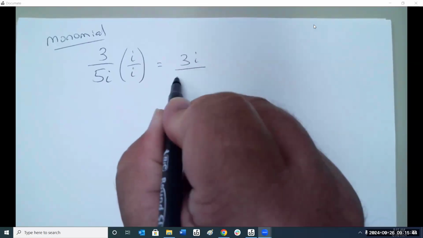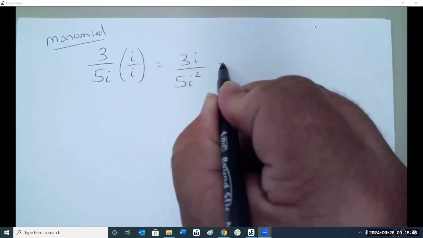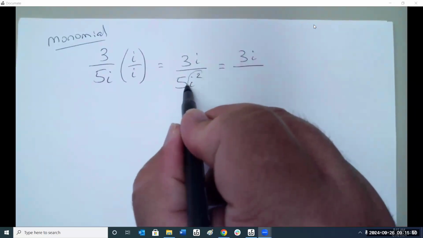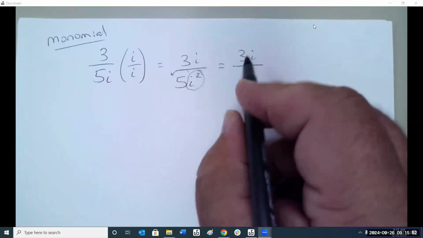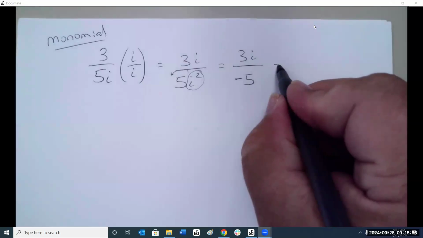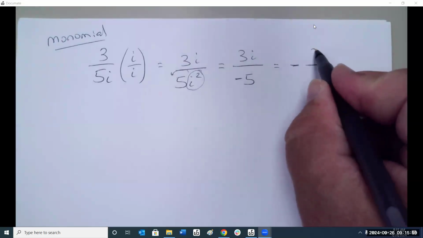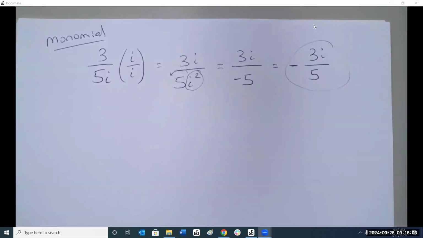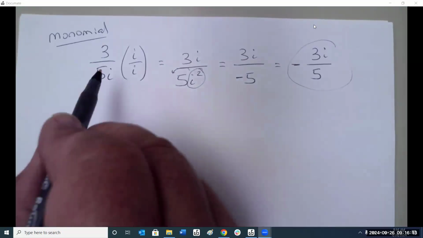It'll become 3i over 5i squared. Remember, the i squared changes the sign of the coefficient.